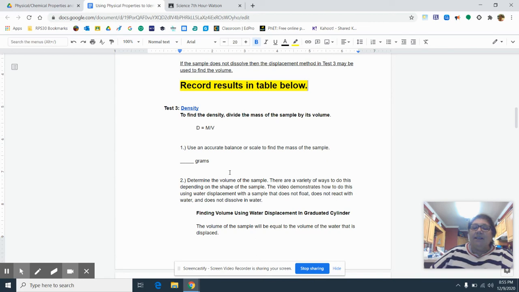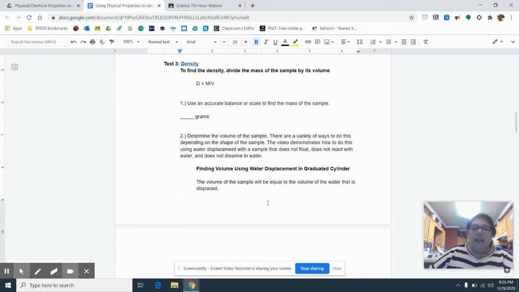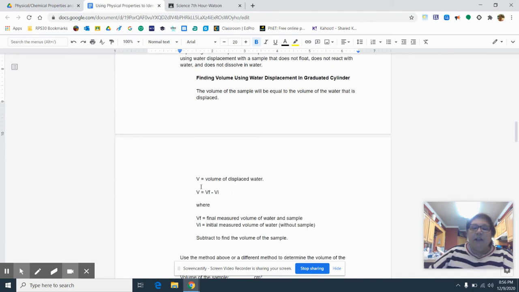And the object is not an even square rectangle, so you're going to have to do something called water displacement. And he shows you exactly what it does. The video demonstrates how to do this with a sample that does not float, does not react, and does not dissolve in water.